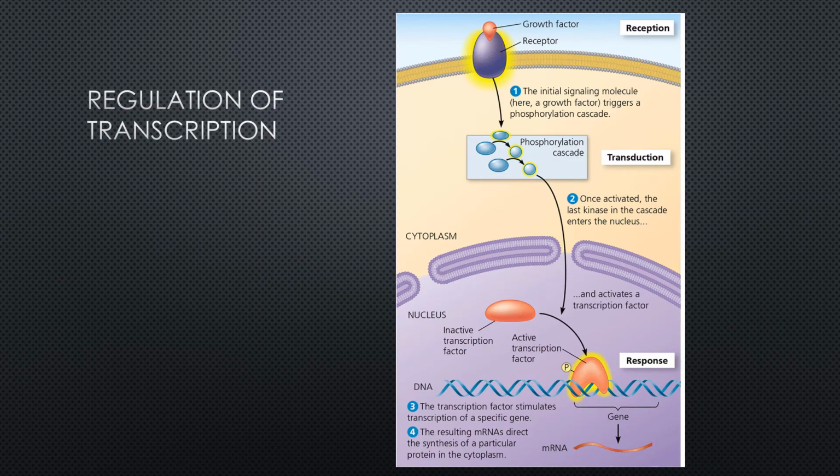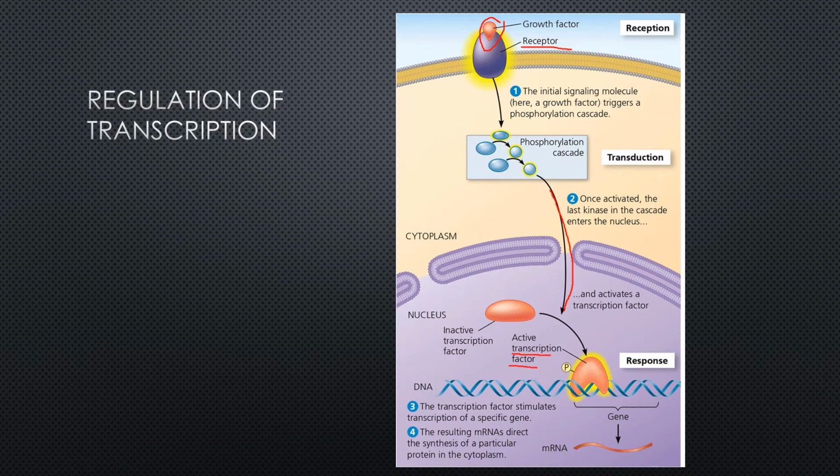So let's look real quickly at the regulation of transcription. In our particular case here, we're looking at a growth factor this time, and there is a receptor that the growth factor binds, and that initiates a phosphorylation cascade. That's the transduction portion of it. So once the last kinase in the cascade is activated, it can then go through the nuclear membrane and activate what we call a transcription factor.